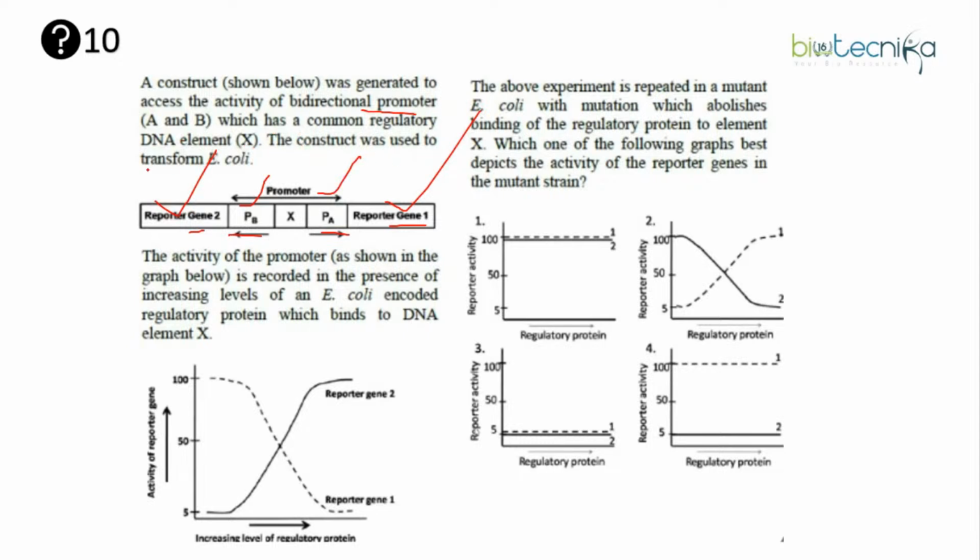The construct was used to transform E. coli. The activity of the promoter is recorded in the presence of increasing levels of an E. coli encoded regulatory protein.